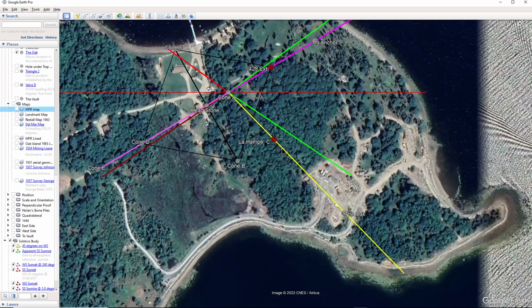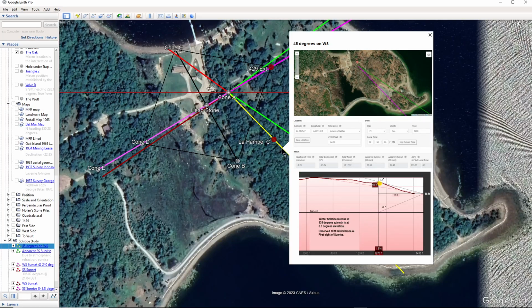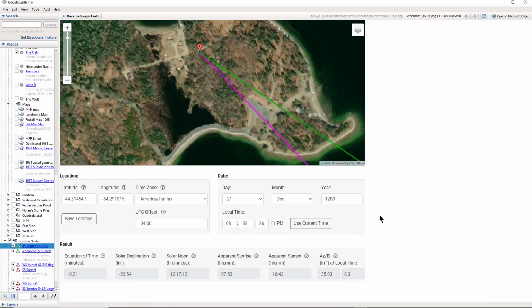So it's very interesting that this winter solstice is 135 degrees at 8.3 degrees in elevation, where it just starts to be visible to cone A.